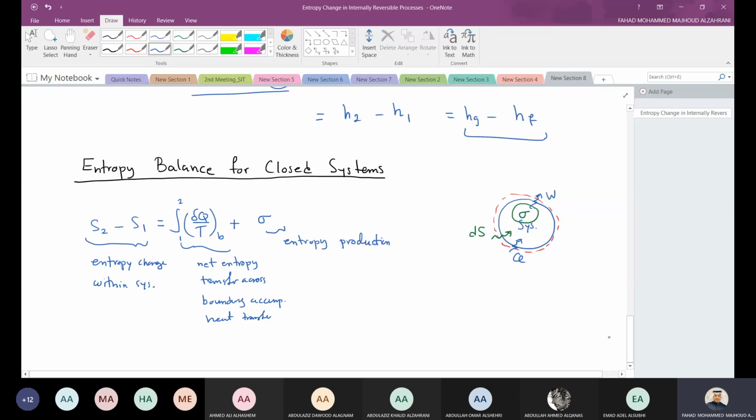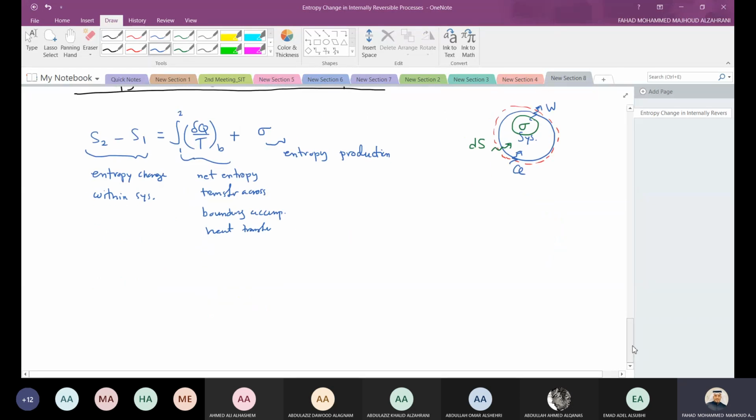Of course, if I want to write it in differential form, just as a tip, dS equals dQ over T plus delta sigma. This is just the integral form of the entropy balance.